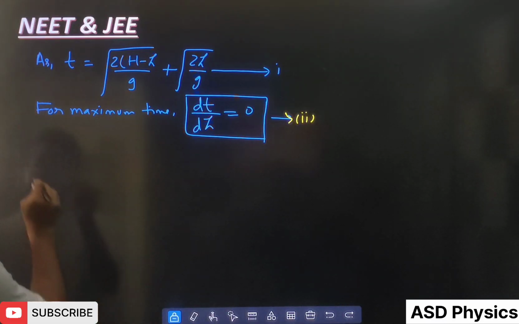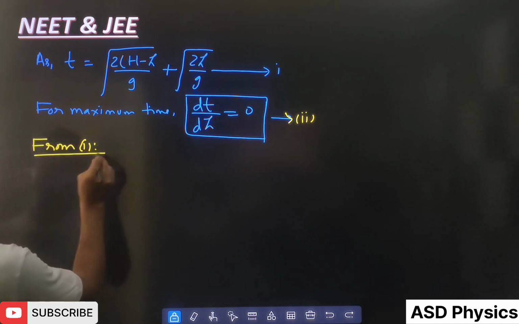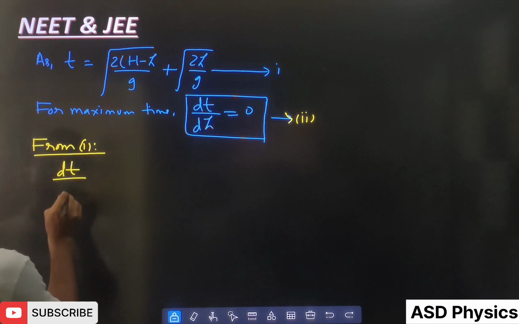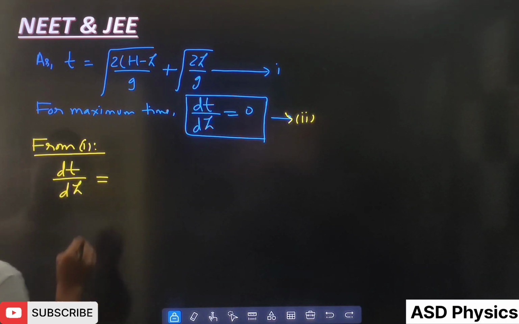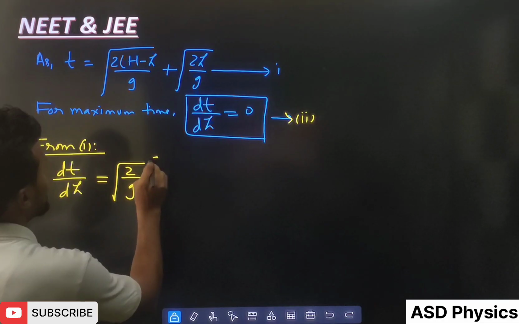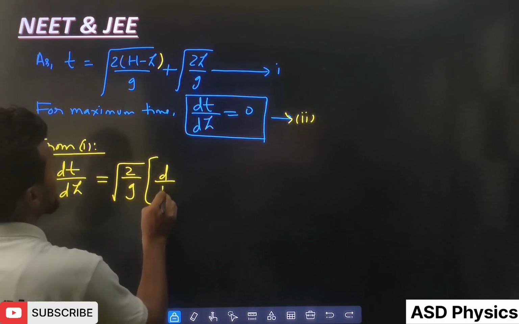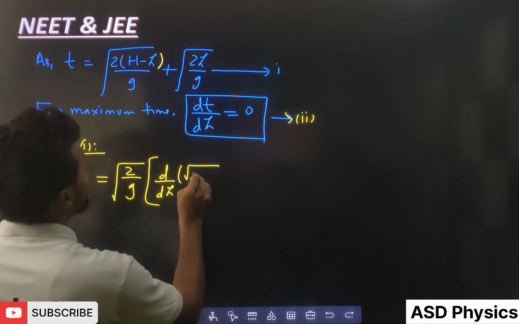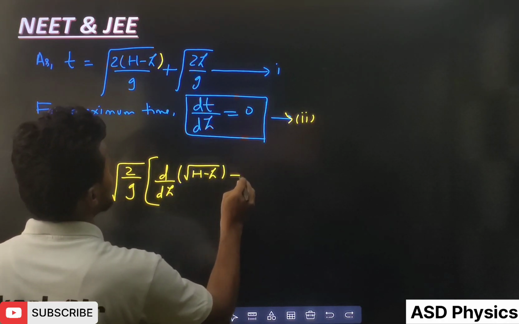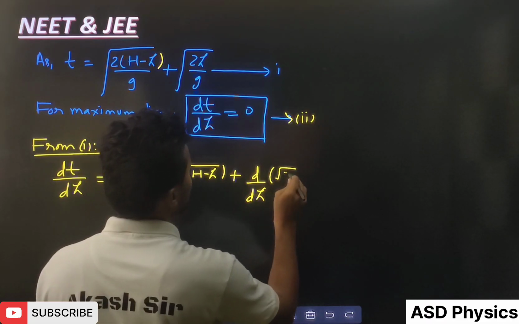Now we can write from equation 1, this dt by dh, how much is it? How to get the dt by dh? You know very well root 2 by g is common. So this will become d by dh of root of (H minus h) plus d by dh of root h.